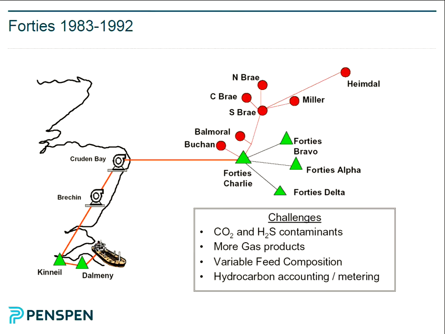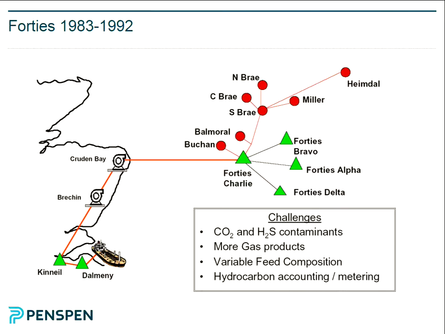More gas to deal with. Variable feed compositions, so the composition is changing here. Hydrocarbon counting and metering: how do you take account of all these different fields? Because some of these fields may not be 100% BP. So how do you meter the fields to determine whose product is what, and to satisfy your agreements with your partners?